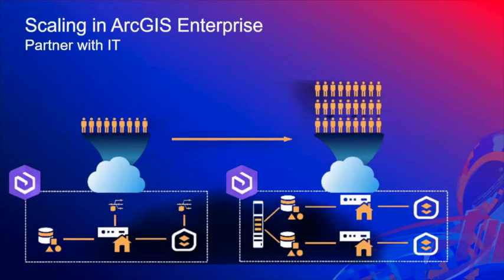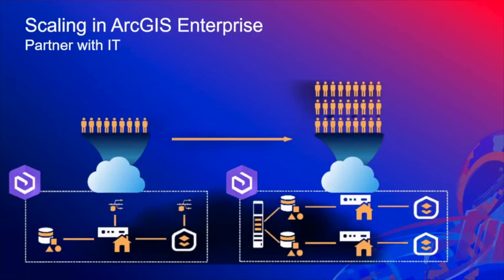Wherever it may be, ArcGIS Enterprise requires IT professionals to do something. That may mean standing up additional servers, installing additional GIS server roles. It may mean adding additional capabilities and capacity to your existing systems. So whether that is additional RAM, additional CPU, scaling with ArcGIS Enterprise means partnering with your IT organization.